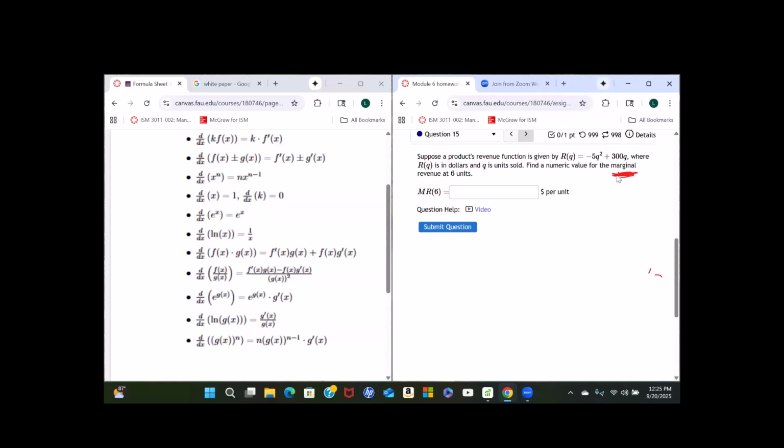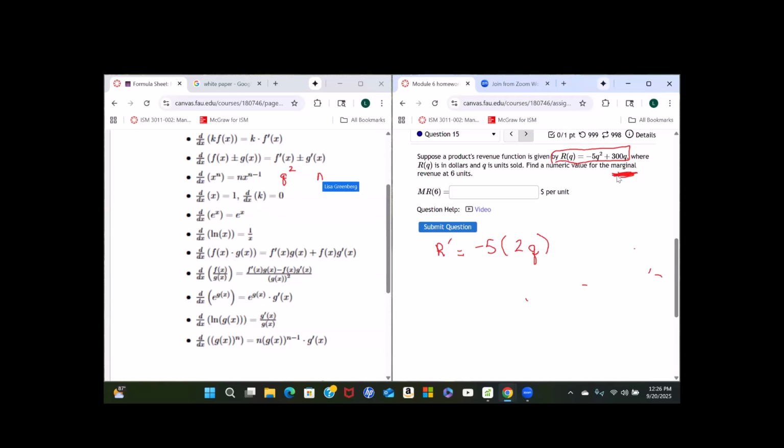What's the derivative? Let's say R prime. What's R prime? It would be -5, and then you would do 2 times Q to the 2 minus 1, that would be 1. That would be like -5 times 2Q. It's not... this is the variable, this is Q squared.